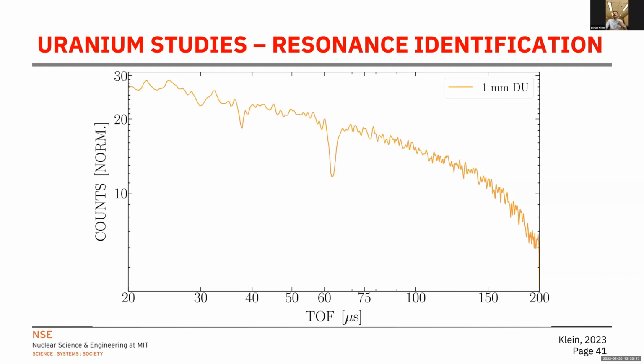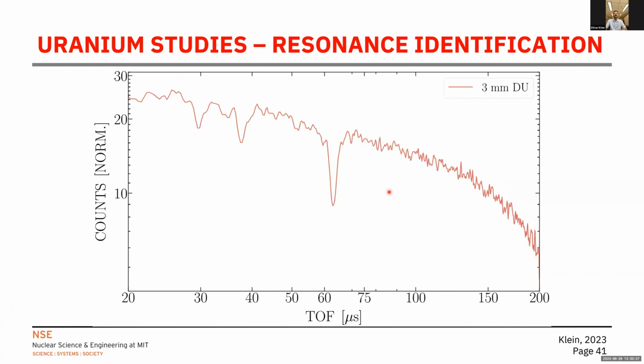Now, what happens when we add just 1 millimeter of depleted uranium, which is predominantly uranium-238, where you can see that we start to have these very strong resonances. You see these dips very, very strong. And now what happens as we keep increasing the thickness of that depleted uranium? What if we keep adding more and more plates of that uranium and we keep measuring it?